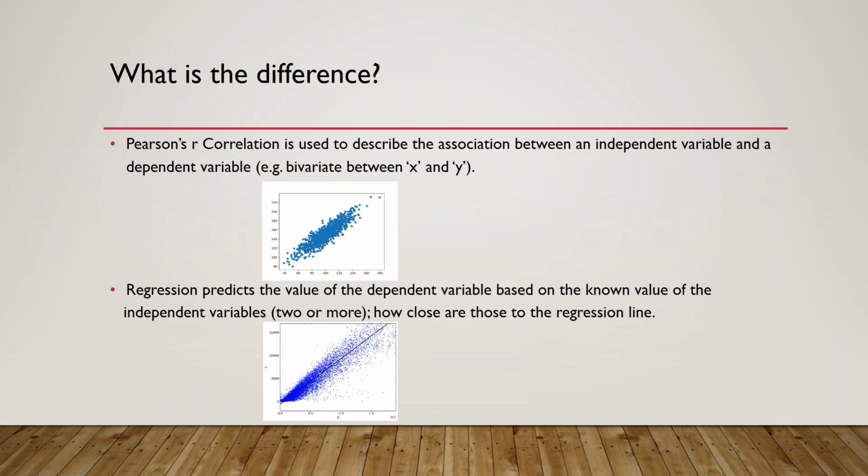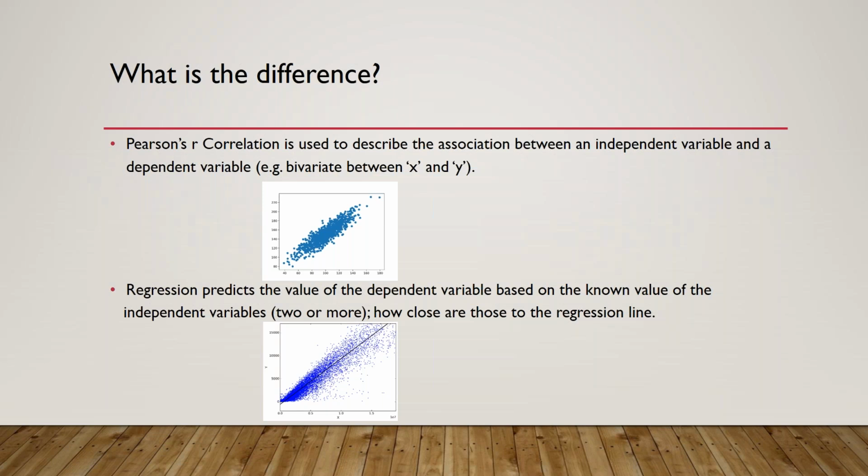So first of all, let's talk a little bit about what's the difference. Pearson's r correlation is generally used to describe the association between one independent variable and one dependent variable. This is what we call a bivariate or two-variable relationship, basically your X versus your Y. Whereas regression wants to look at something that predicts the dependent variable.